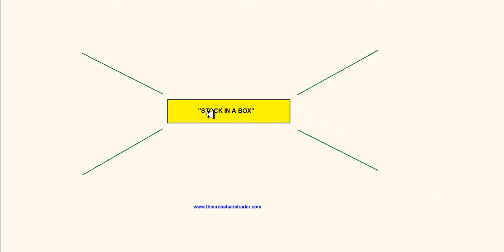And we're going to look at stocks that have continued that previous trend in the box and those that have reversed. And then at the end of our presentation, I'm going to bring up several stocks currently that are in boxes, and I'm going to ask you to help me label them and determine what to look for when we look for a break.